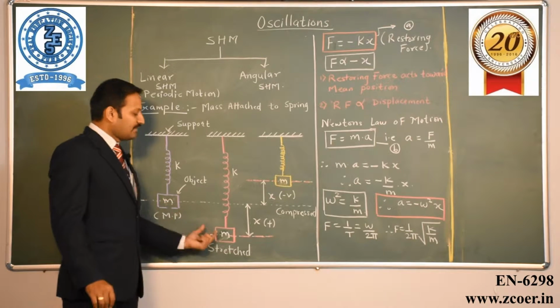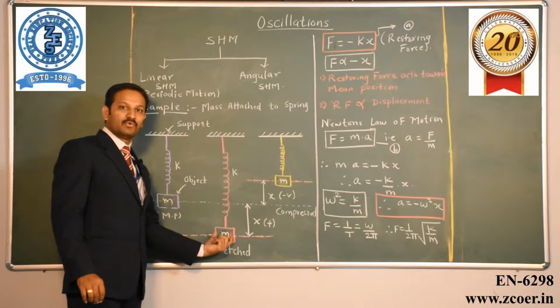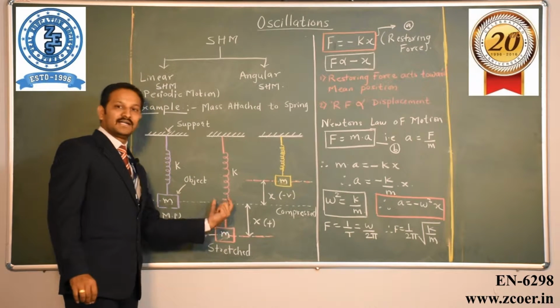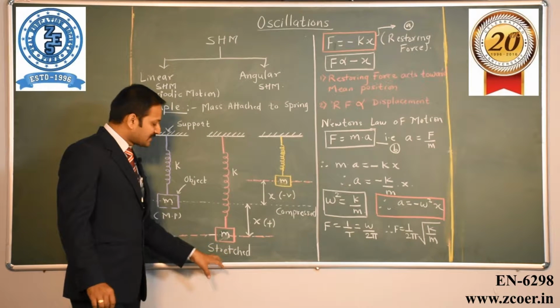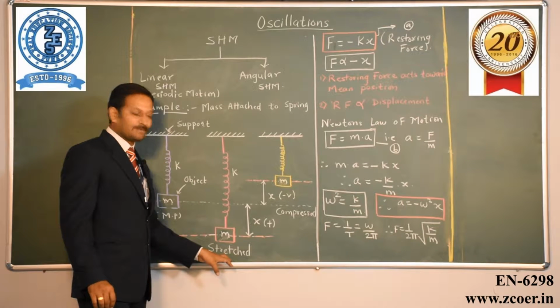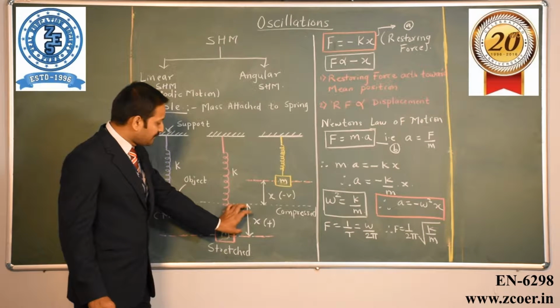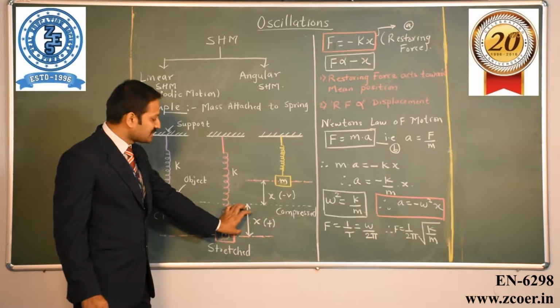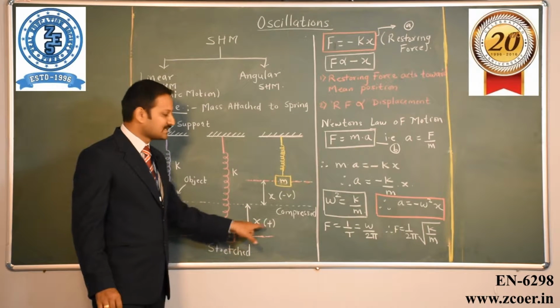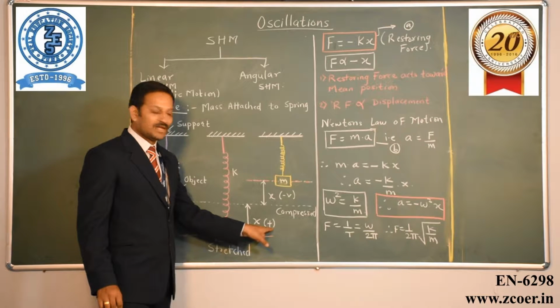Now if I apply some amount of force in downward direction, if I give this system a downward pull, then we may say the spring is stretched from its mean position. So I can say the mass has displaced some x displacement from the mean position, which is considered as positive displacement.